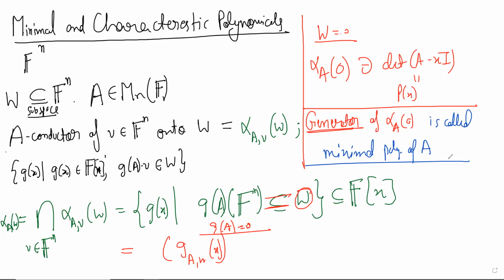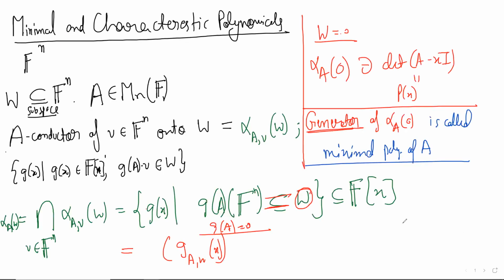With this, we get an easy basic definition, which you will find in the easier texts, so to say, as the definition of the minimal polynomial. I've defined it, but if I want to say it, it is a generator.